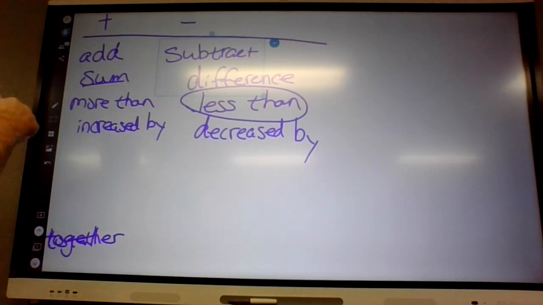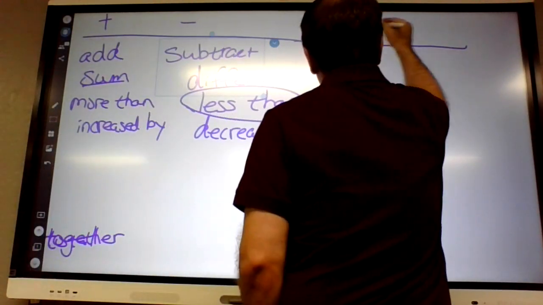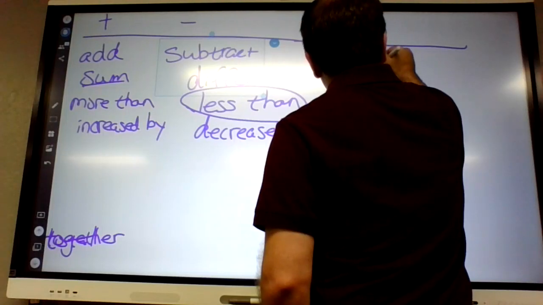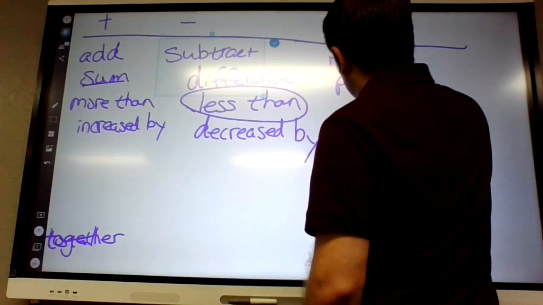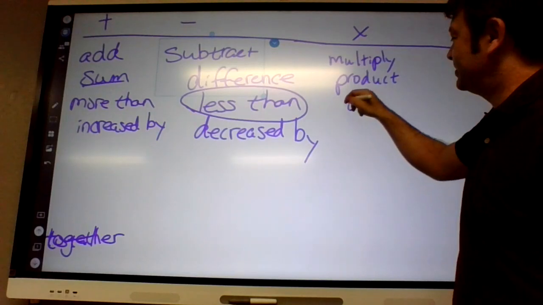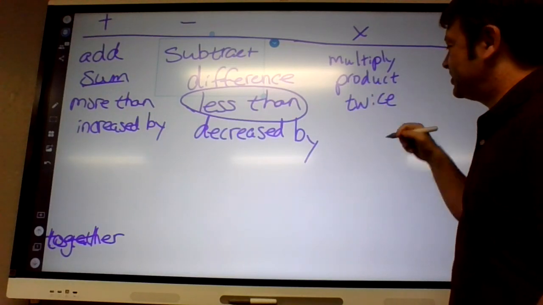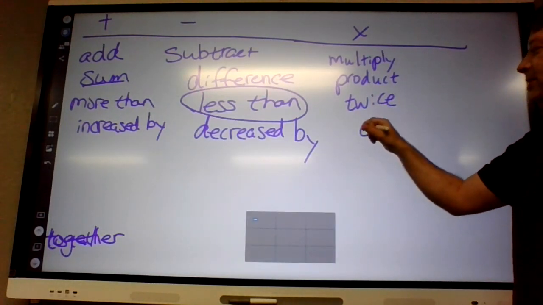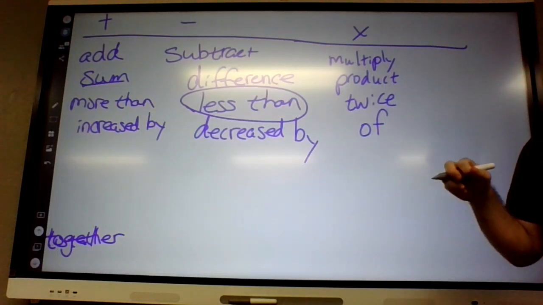What are some different ways to say multiply? Product. Product is the answer in a multiplication. Times. Twice. Twice means times 2. Of. When do we use of? It's kind of a weird one.